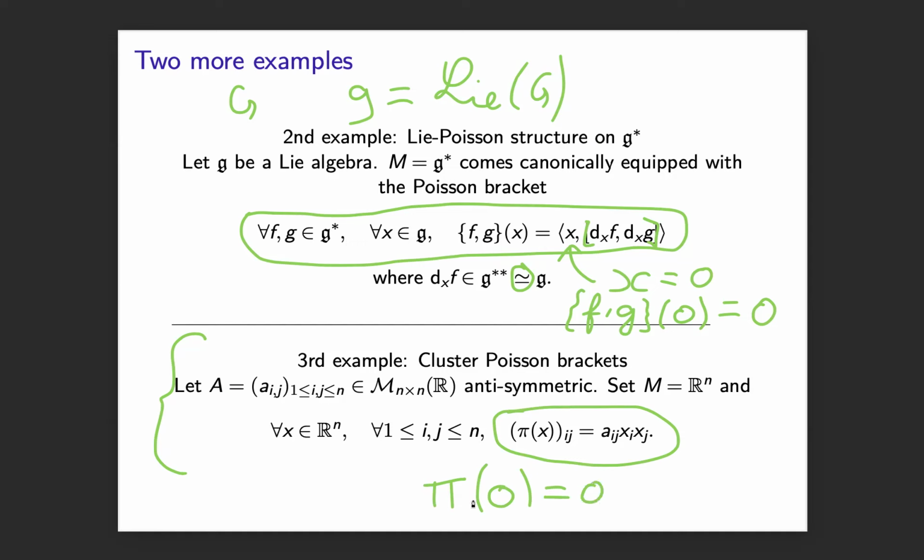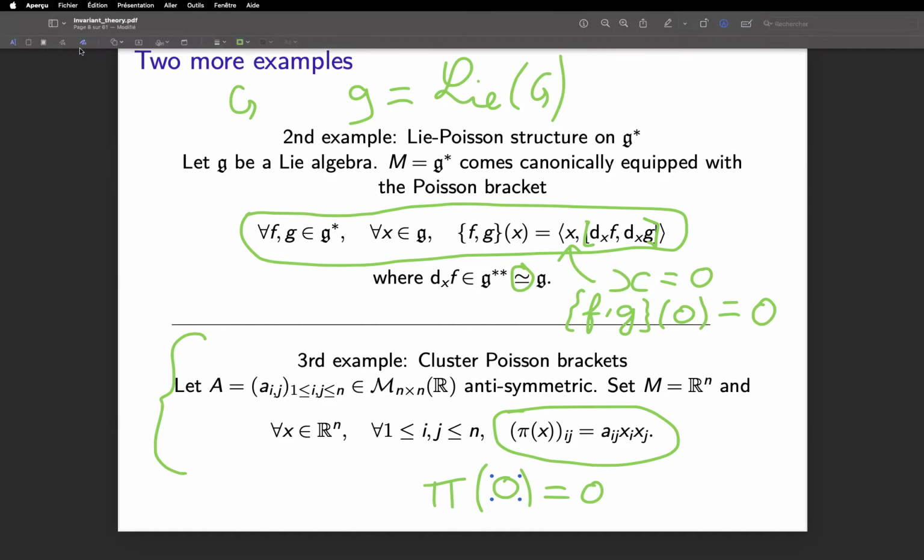The derivative of pi at 0 is also 0 because this root, if you want, is quadratic around the origin. So that provides us three examples of Poisson brackets: one that never vanishes, one that vanishes at point 0 at order 1, and one that vanishes at 0 at order 2. And this will have very strong geometric consequences, as we will observe right now.